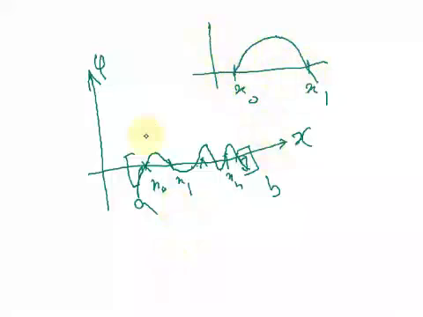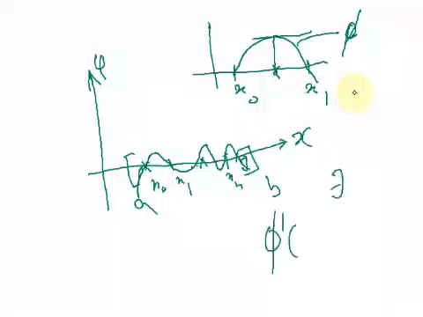So that means there exists a point in between these two such that the derivative of this phi function is 0 at that point, say alpha 1.